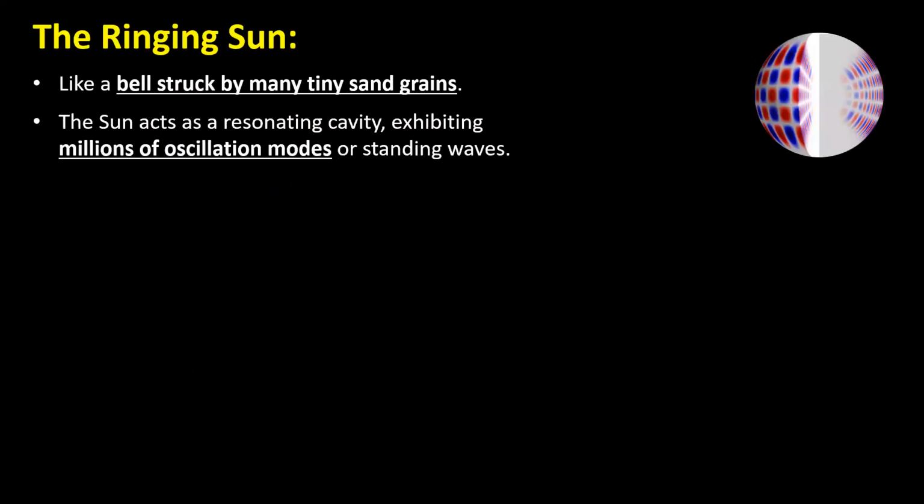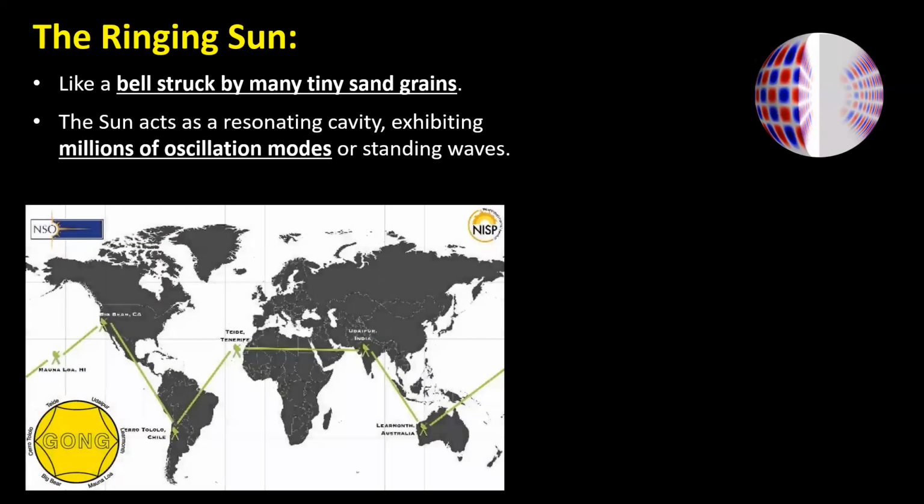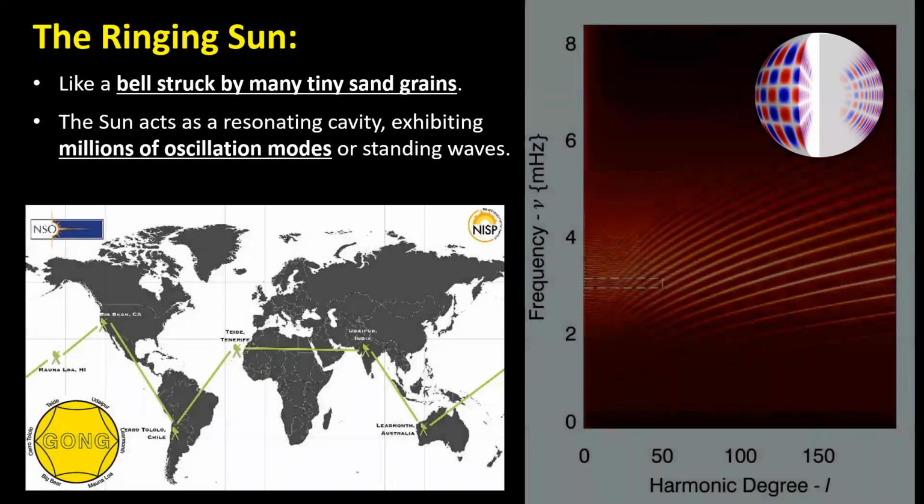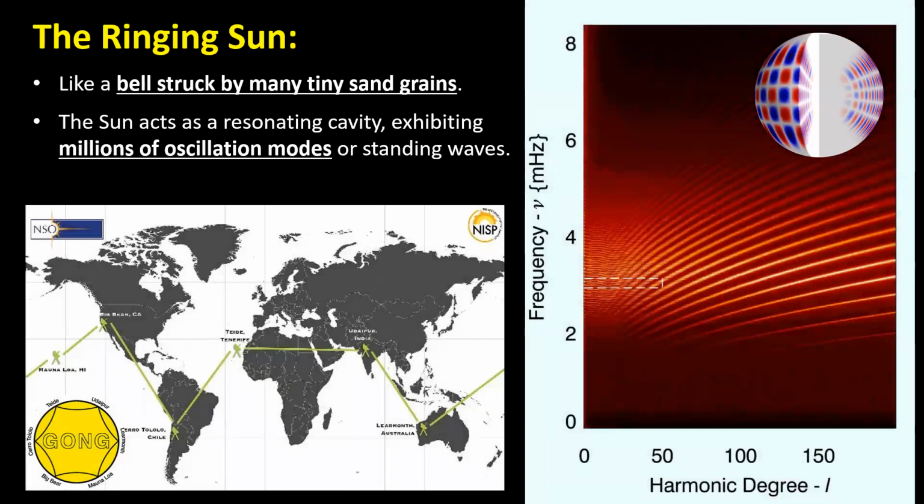And we can do that using the GONG network, right? So it is continuously watching our Sun. And by taking a long amount of data, what we can find is that this is the spectrum of the P mode, right? Because here we have a much better resolution.